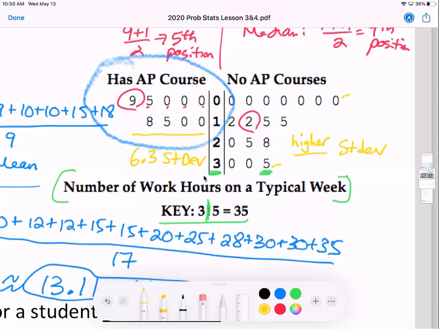So that would be square root of 22, which is 4.7-ish. And again, we take a square root to fix the units. We don't want square points, we just want points. So if you look at these scores, how much does one score vary from 90? Some are a little more than 5 away from 90, 4.7. Some are more. Some are pretty close to 90, but on average, they vary by 4.7 points away from the average.